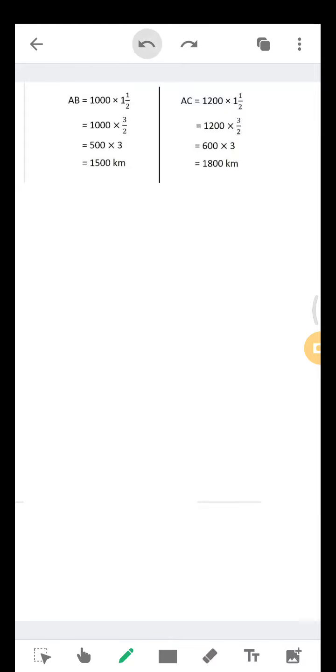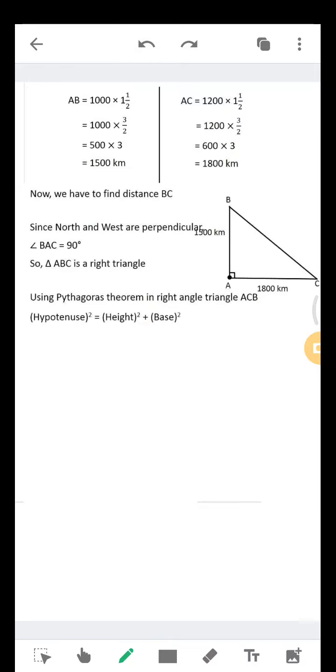Simplified for your ease. Now we have to find distance BC. We can easily find this distance BC because AB is perpendicular to AC, so this is a right angle triangle. I can apply Pythagoras theorem here.